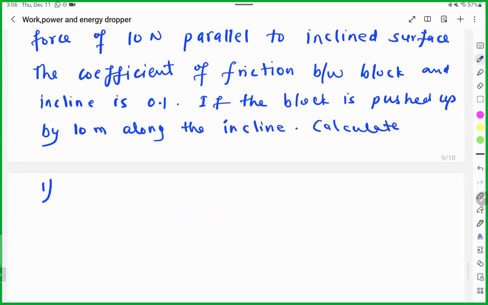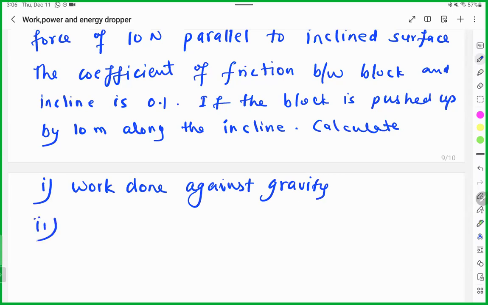First thing, work done against gravity. Second, work done against force of friction.